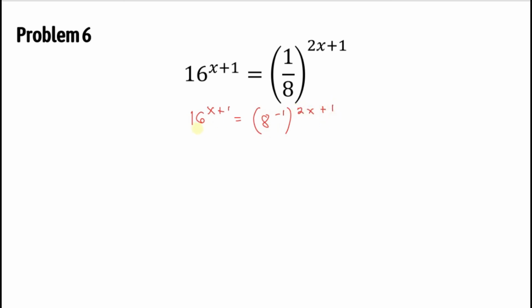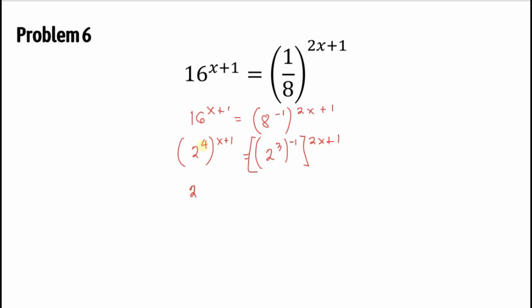Then 16 can be expressed as 2 to the 4th and 8 can be expressed as 2 cubed. So we have 2 to the 4th raised to x plus 1. Then we have 2 to the cube, the negative 1 raised to 2x plus 1.